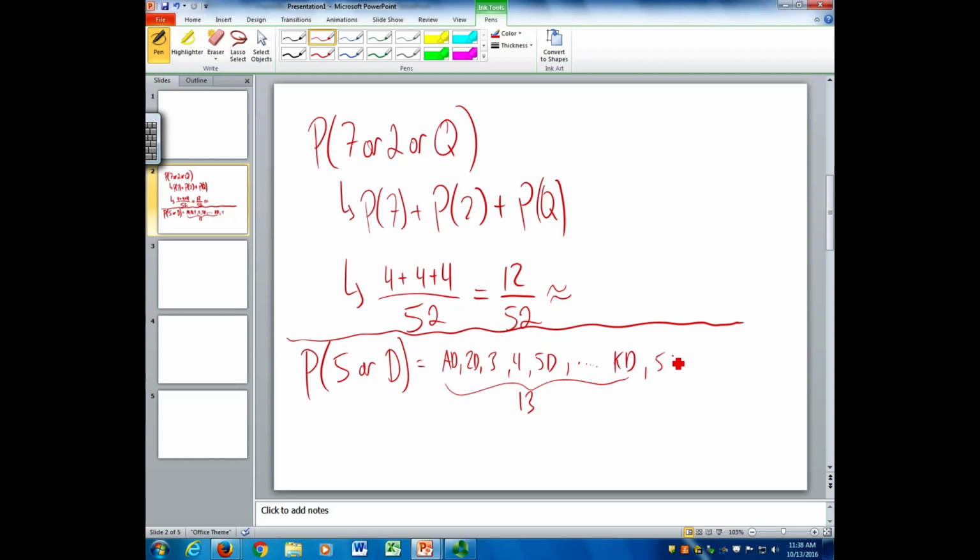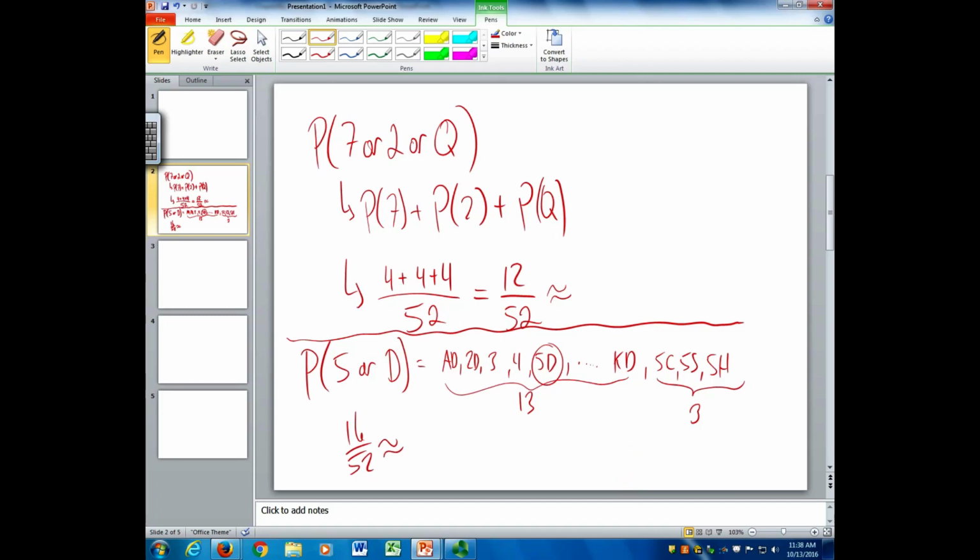Because there's the 5 of clubs, the 5 of spades, and the 5 of whatever I missed. Hearts? Yeah. Because one of those 5s is already taken up inside the hearts. So there's only 3 more to tack on. Does that make sense? Yeah, so there is some overlap we have to consider there. So it looks like in this case it would just be 16 out of 52, and whatever that comes out to be. You have to subtract the overlap.